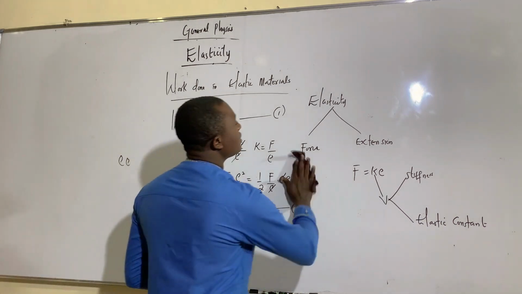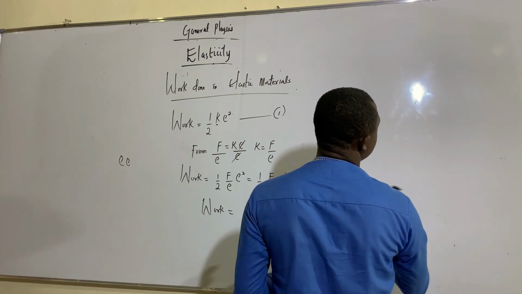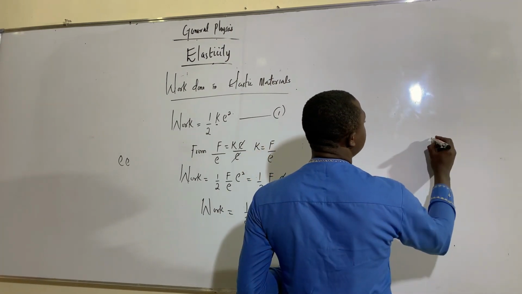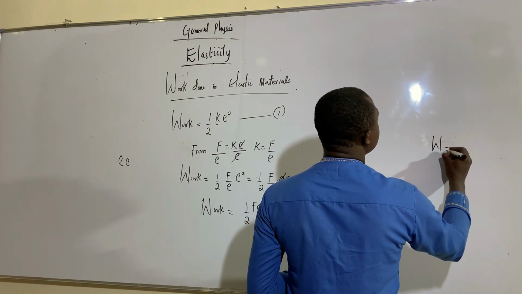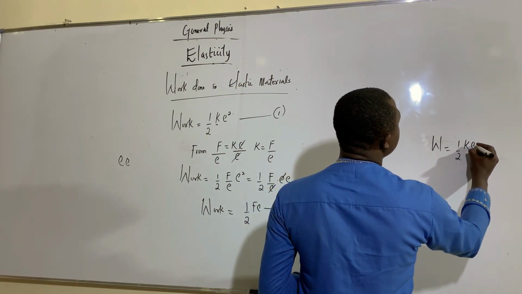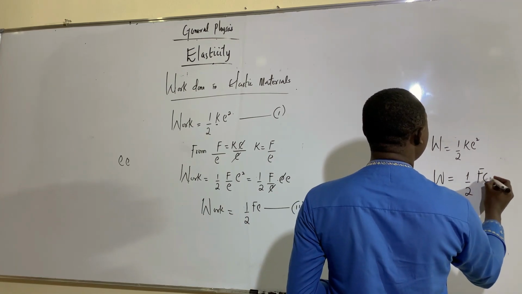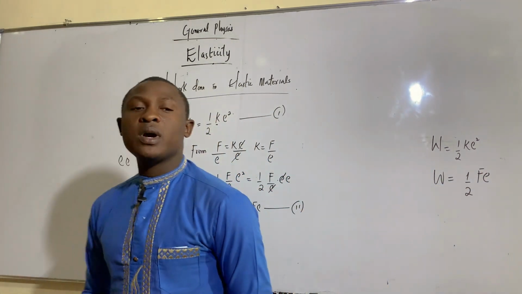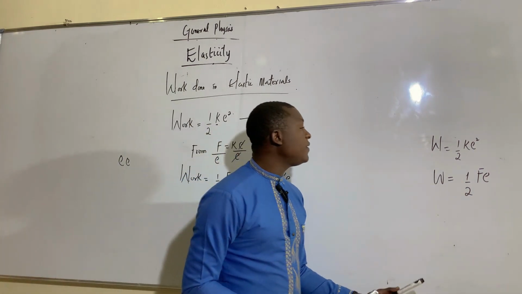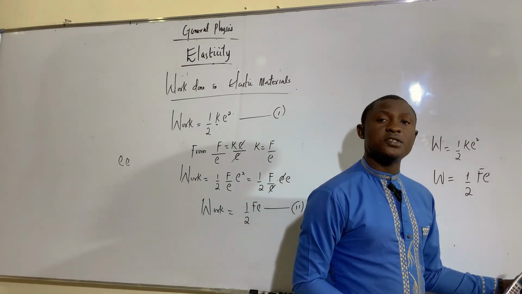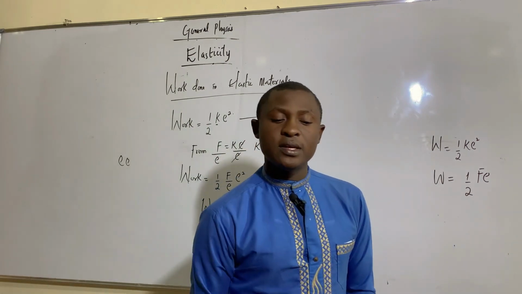So the first formula is work done equals half K E squared, and the second is work done equals half F E. Which one you use depends on the data you have from the problem.